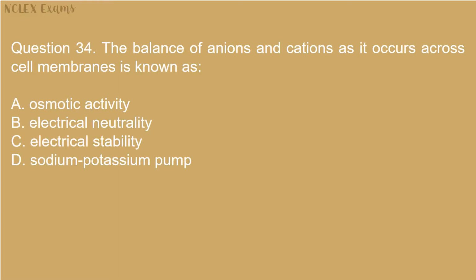Question 34. The balance of anions and cations as it occurs across cell membranes is known as: A. Osmotic activity. B. Electrical neutrality. C. Electrical stability. D. Sodium-potassium pump.